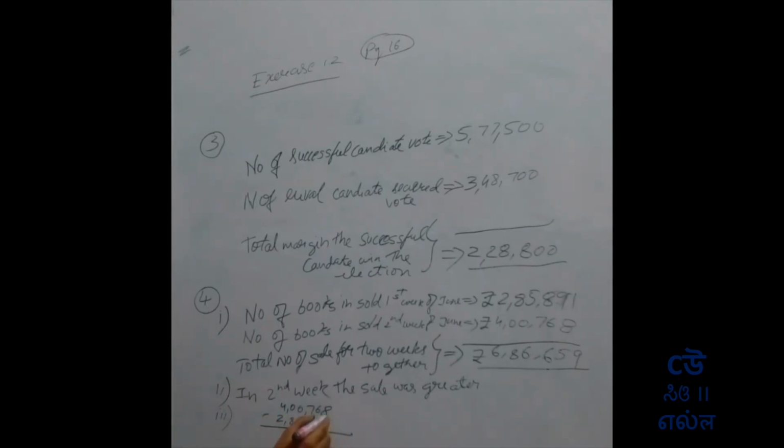If we subtract these two numbers, 8 minus 1 is 7. So 16 minus 9 is how much? 16 minus 9 is 7. Then 16 minus 8 is 8. Then 9 minus 5 is 4. Then 9 minus 8 is 1. Then 3 minus 2 is 1.